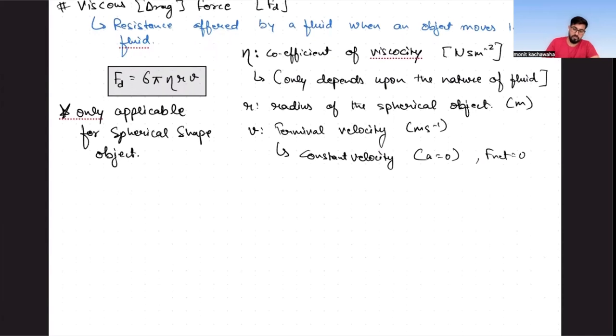So always remember r is in meters, v is in meter per second, eta is the coefficient of viscosity. Most of the time it will be provided to you.